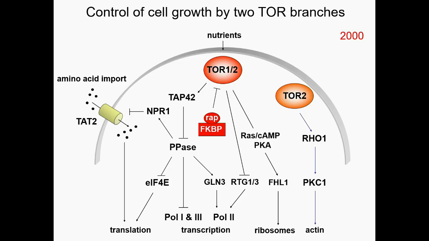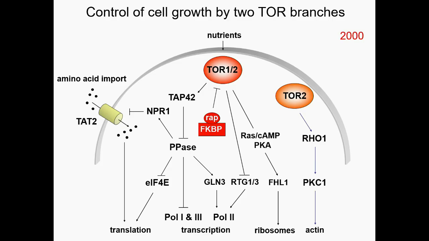But at this point, we had many questions. For example, what determines the specificity of the two TOR proteins? Why can TOR2, by the way, we call this the TOR shared pathway because either TOR protein can redundantly function in this branch over here, we didn't know what determined the specificity. Why can TOR2 signal through both branches, but TOR1 only through this branch over here?